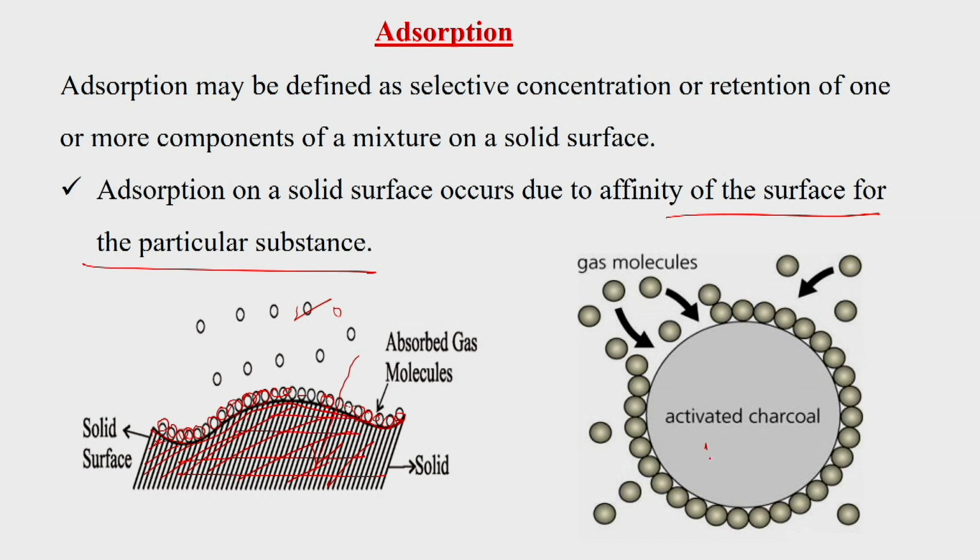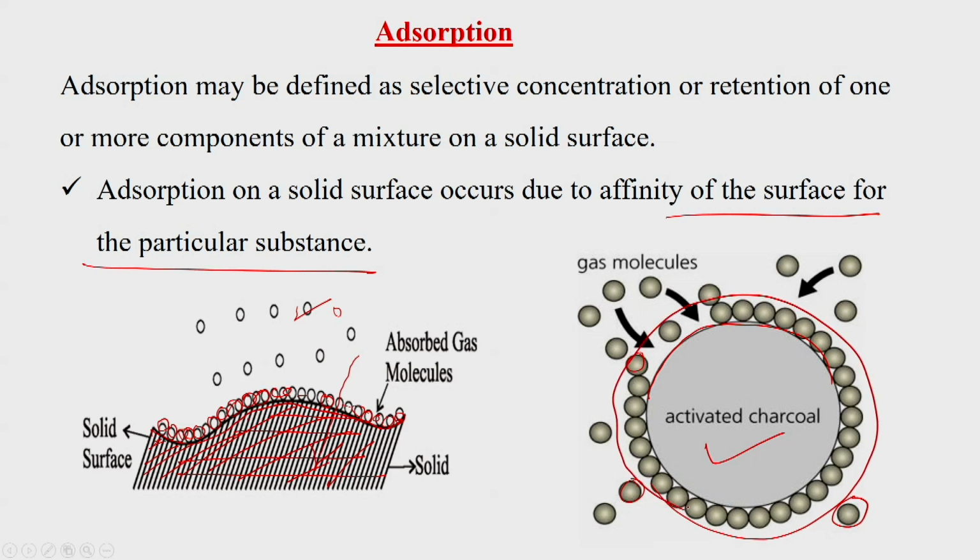Like with activated charcoal, suppose a few gas molecules need to be separated, then we put this in, and the gas molecules will be stuck on the top surface of the activated charcoal. Once all the active sites, where the gas molecule interacts with the top surface of the activated charcoal, are occupied, the molecules will be stuck and make a layer like this.